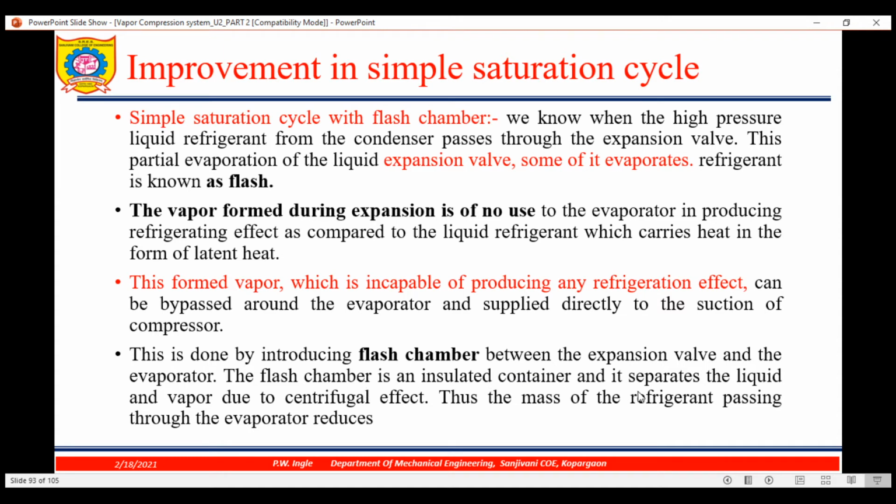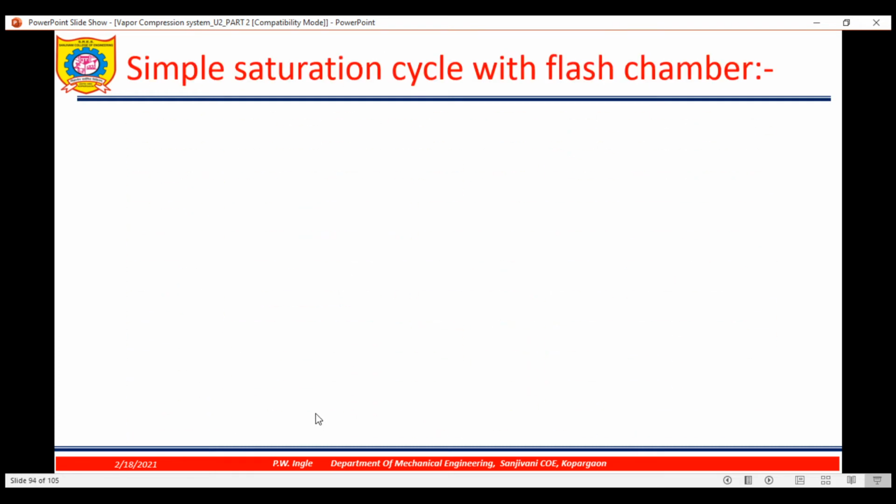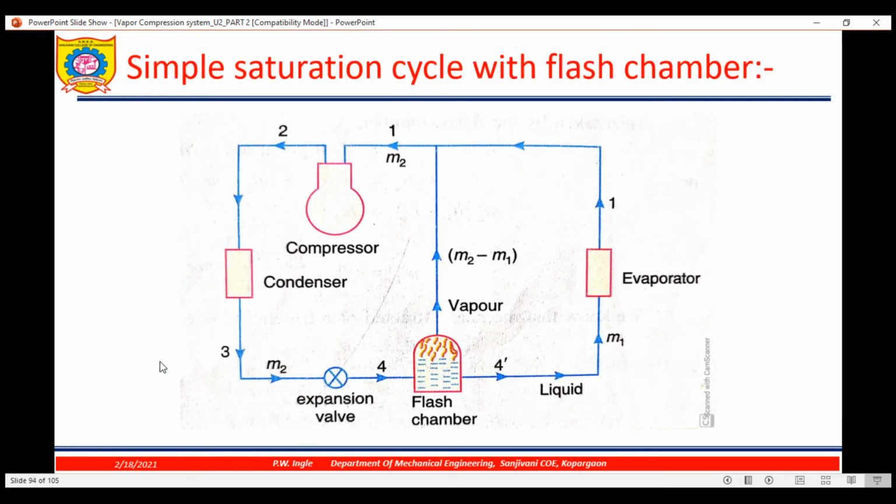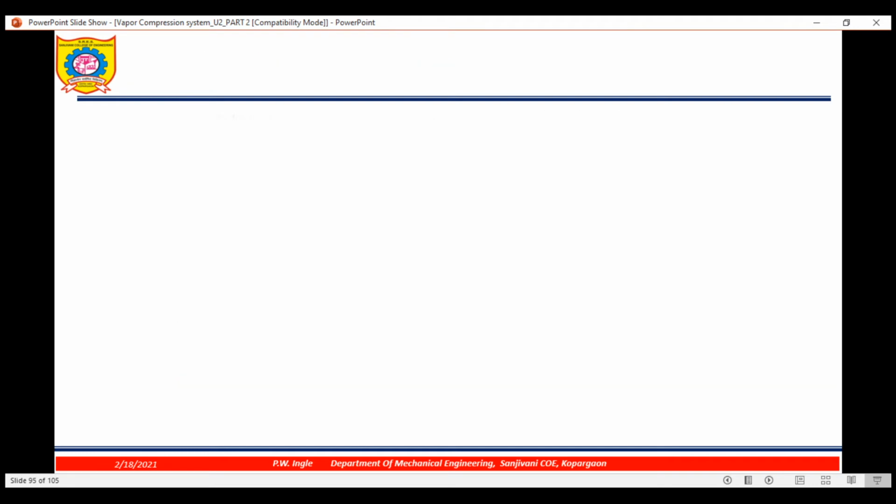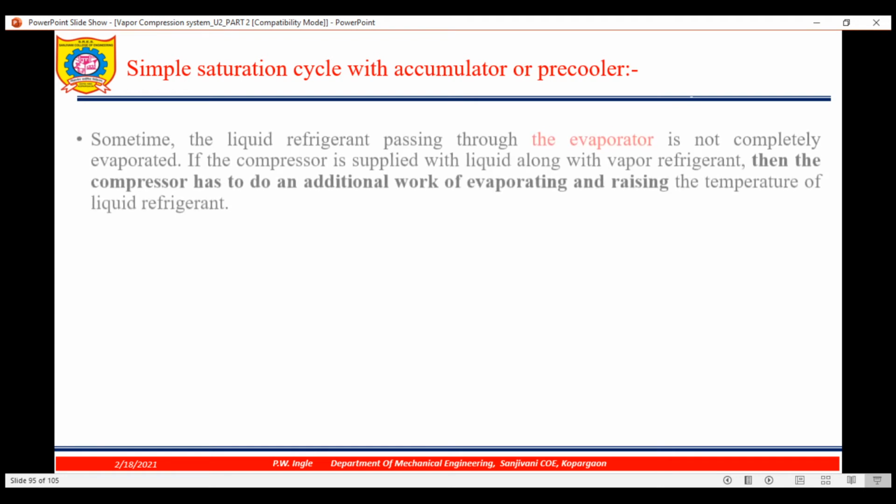It is an insulated container and it separates the liquid and vapor due to centrifugal effect, and thus the mass of refrigerant passing through the evaporator reduces. This is number one, simple saturation cycle with flash chamber. Thus we can improve the efficiency of the simple saturation cycle.